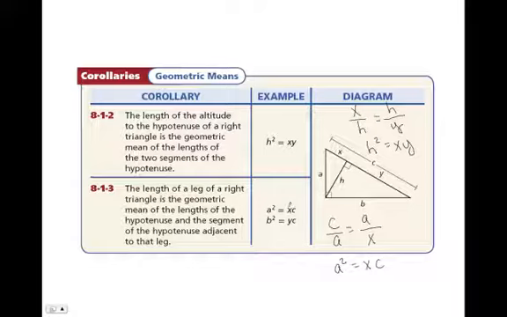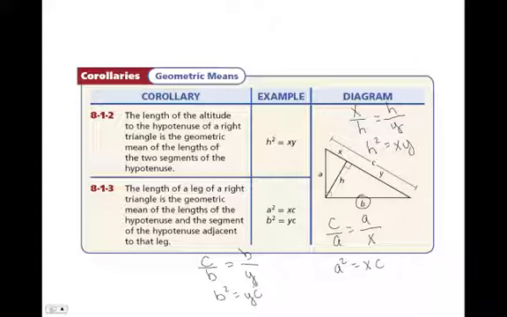So now take a moment and try to set up the geometric mean using B as the leg. Hopefully you recognize that B is the geometric mean of the hypotenuse and the adjacent leg. And when we cross multiply, we do get b squared equals y times c. So is it okay to memorize these formulas?